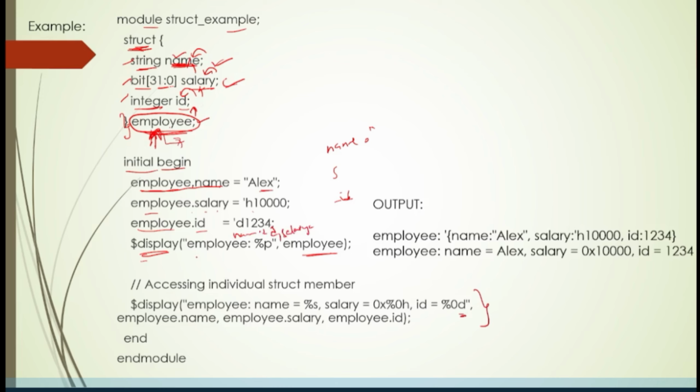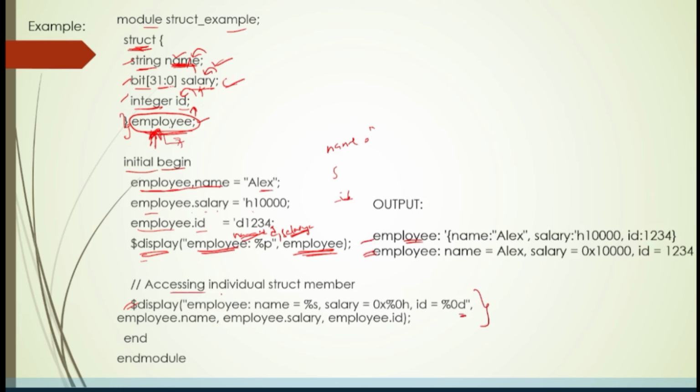In this way you have to display, accessing each by its individual name. But with a structure, you just write employee and it will be displayed. That's it. Employee dot name, dot salary, dot id, even if you write it in this display, the same thing applies.